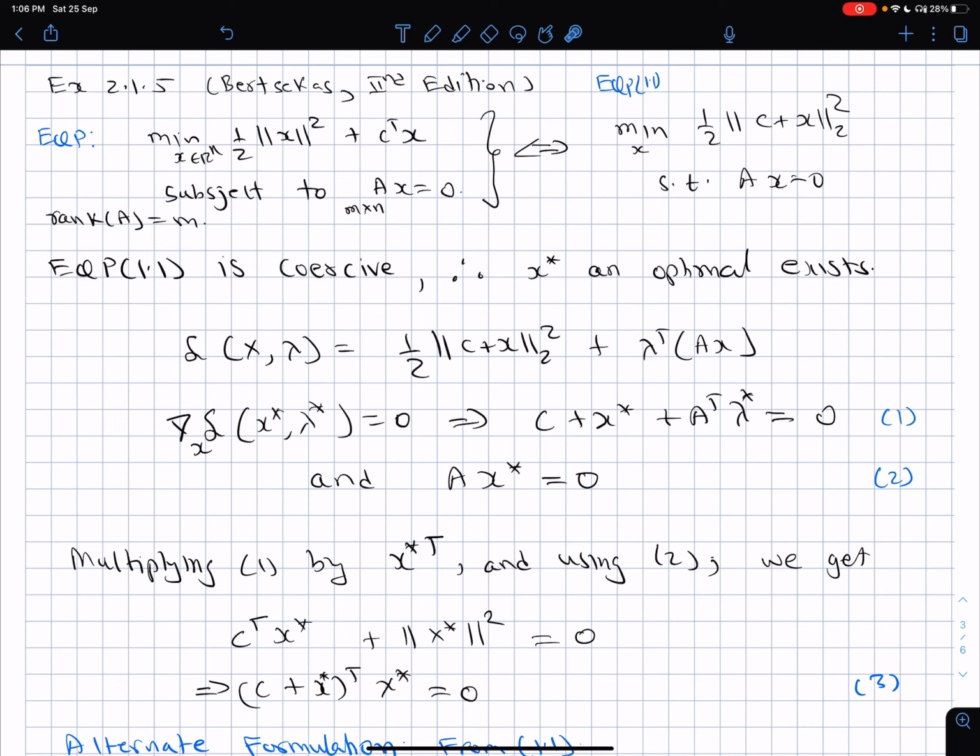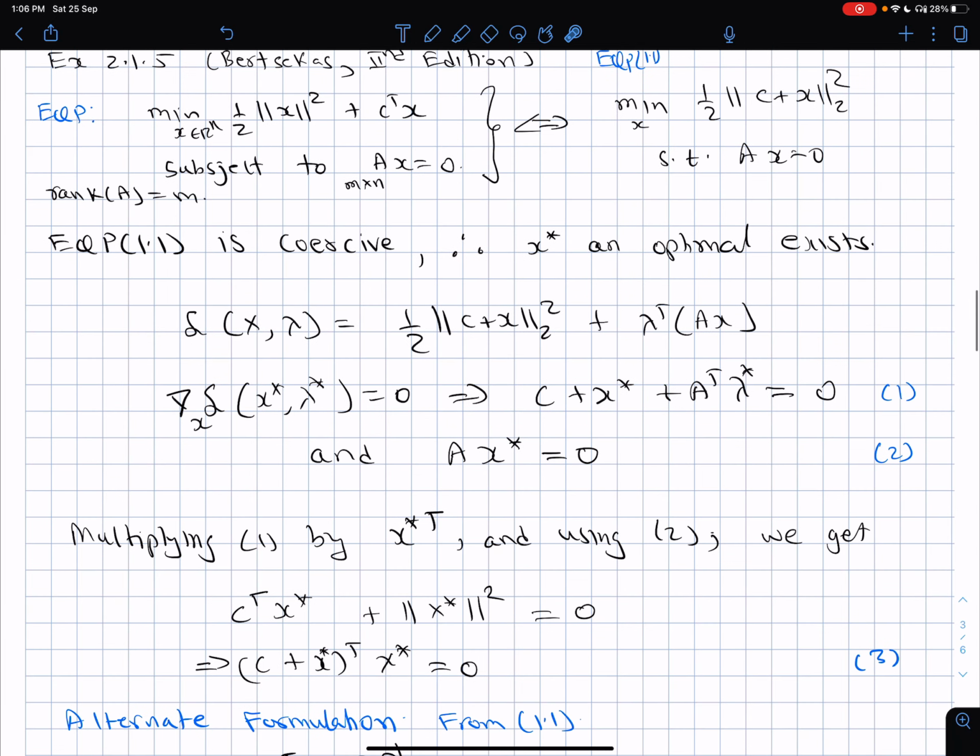To convert it into a perfect square, what I am going to do is write this as half of length of x square, and then add half of length of c square.